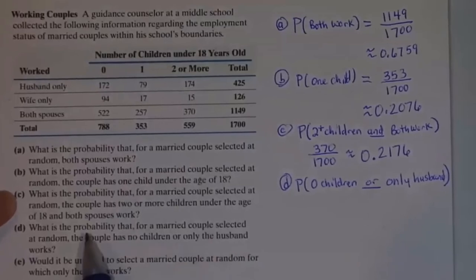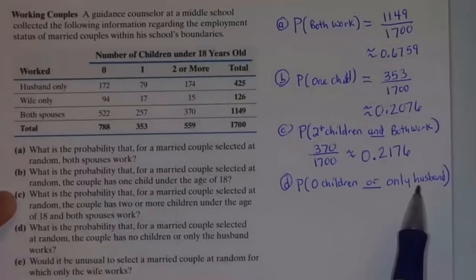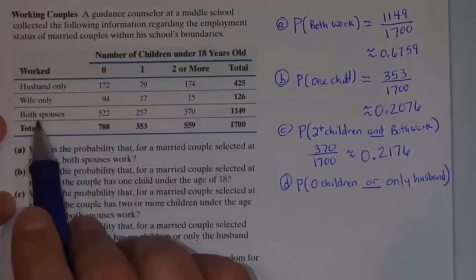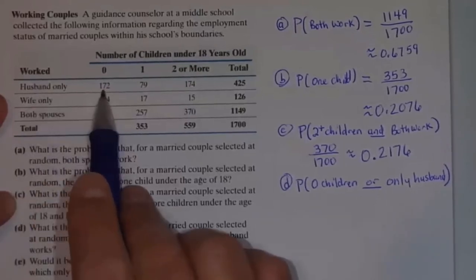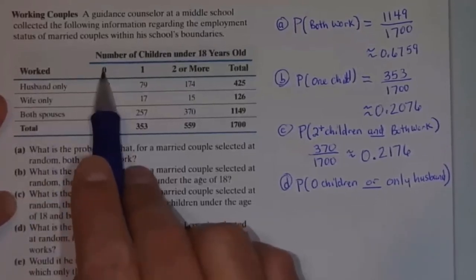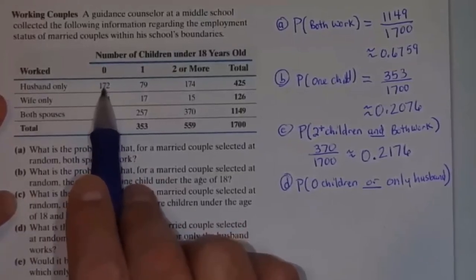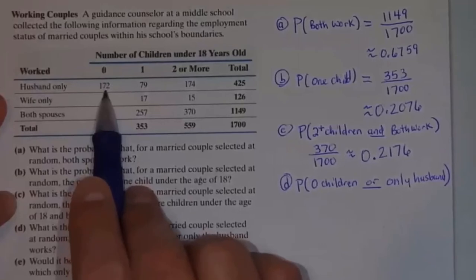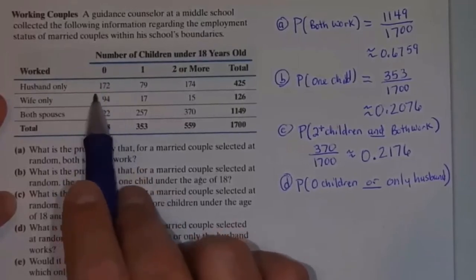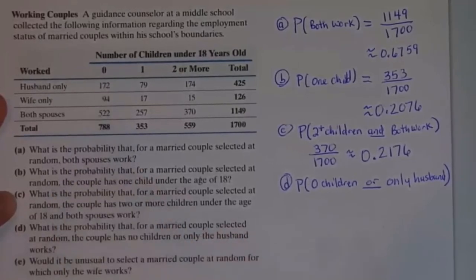So, are the events mutually exclusive? Well, no, they're not. If you look right here, we have 0 children and only the husband works. There's 172 couples that fit that category. So these 2 events are not mutually exclusive. They can happen at the same time.